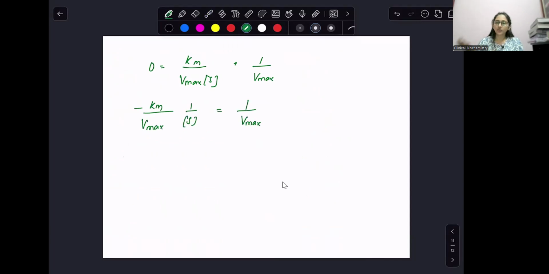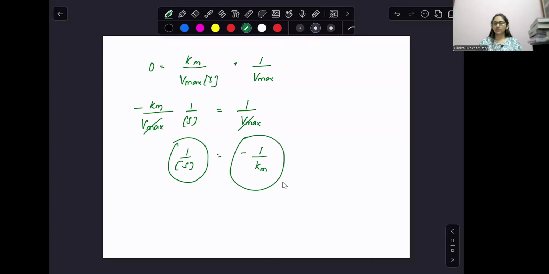So we want 1 by S. So if you want 1 by S, then you have to cancel this, which is minus 1 by Km. So this is the x. So the x-intercept is going to be minus 1 by Km.